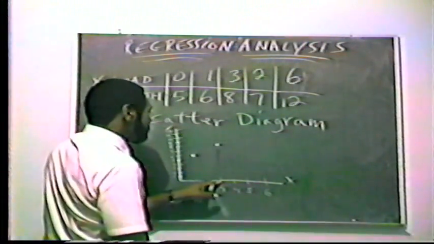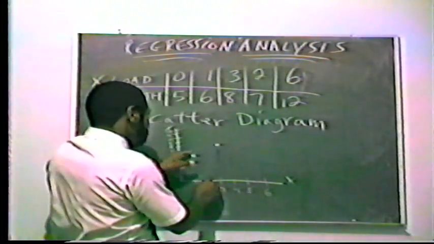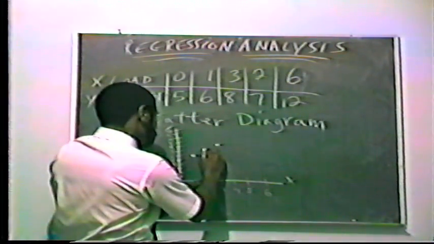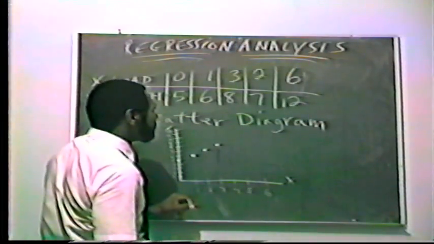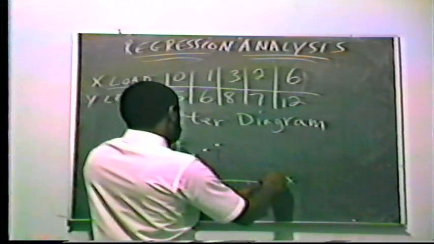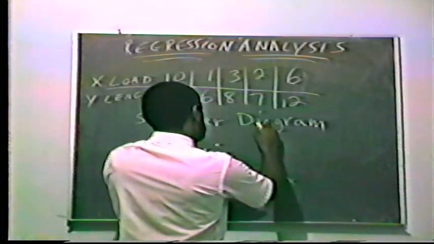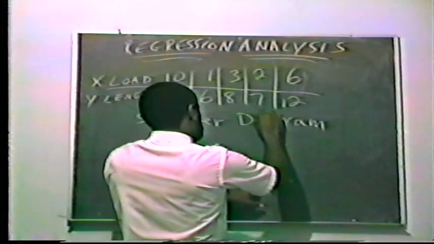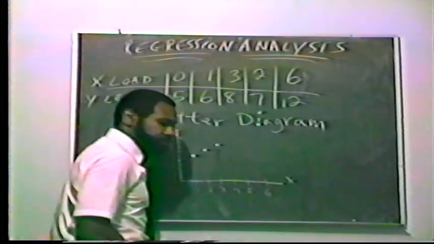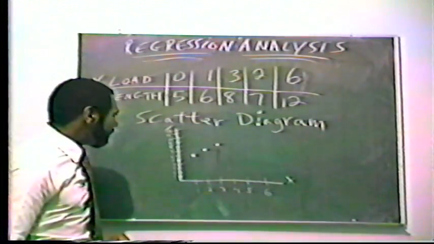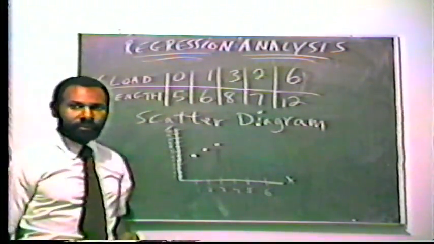For the next point, you go 2 to the right and up to 7. And for the last point, you go 6 to the right and up to 12. And there you have your scatter diagram.